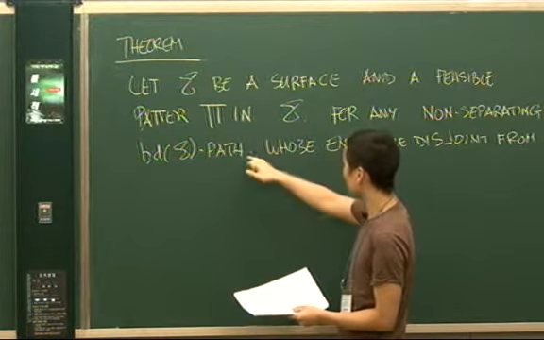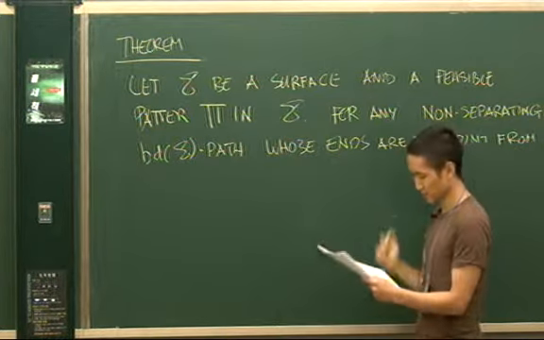And I want the endpoints of this path to be disjoint from my linkage vertices.